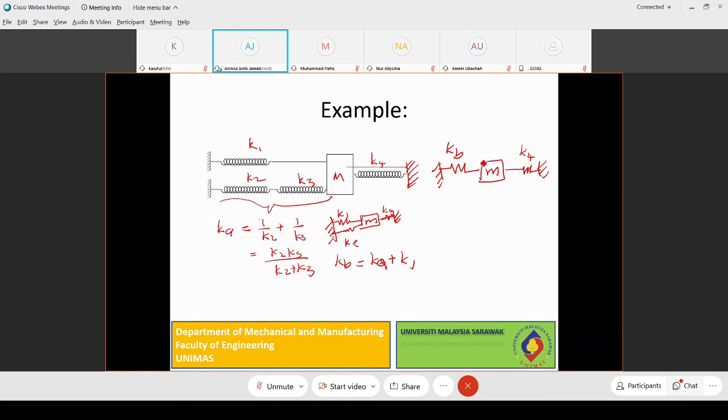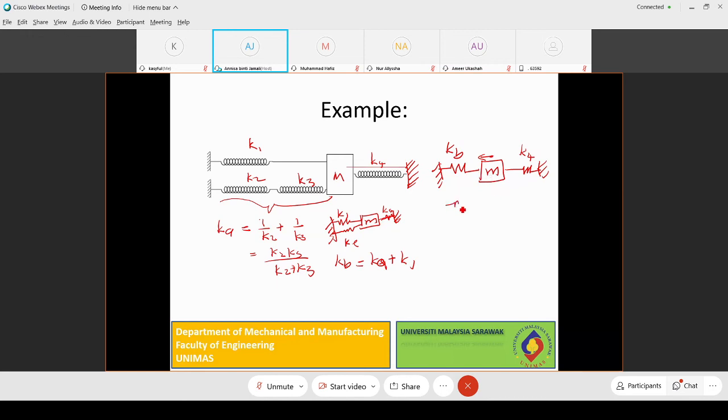If you imagine this one as one node, and the force is given at the node here, then these two springs would be in parallel with each other.